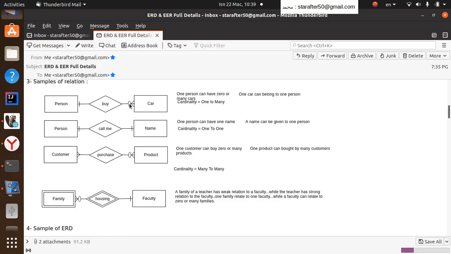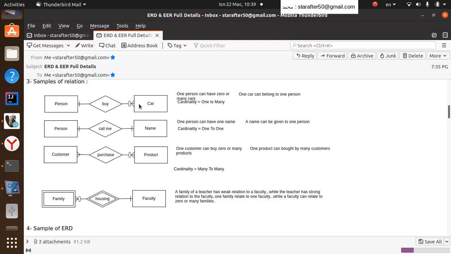So if we want to understand these things and how we can assign them, then we need to ask ourselves this question usually between any two entities. For instance, we have this person entity, person table, and car table. How many cars could a person have?